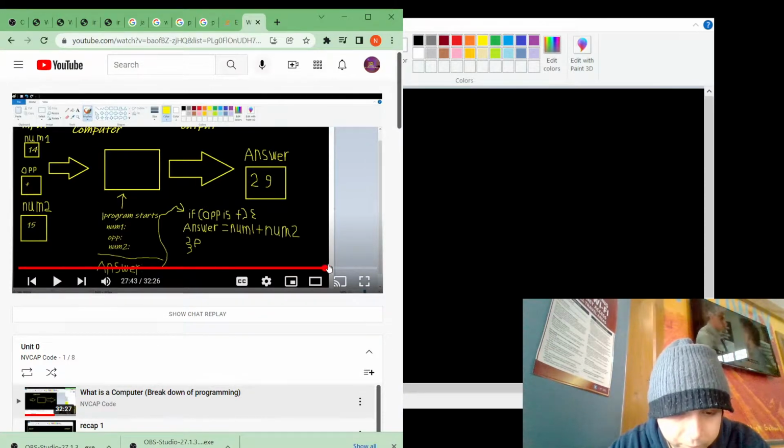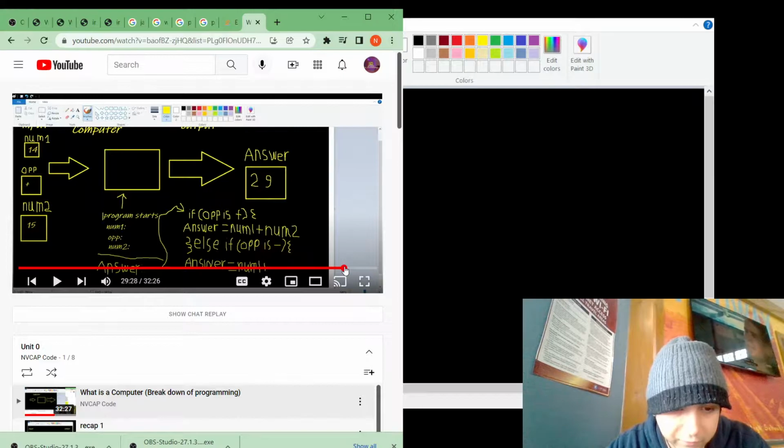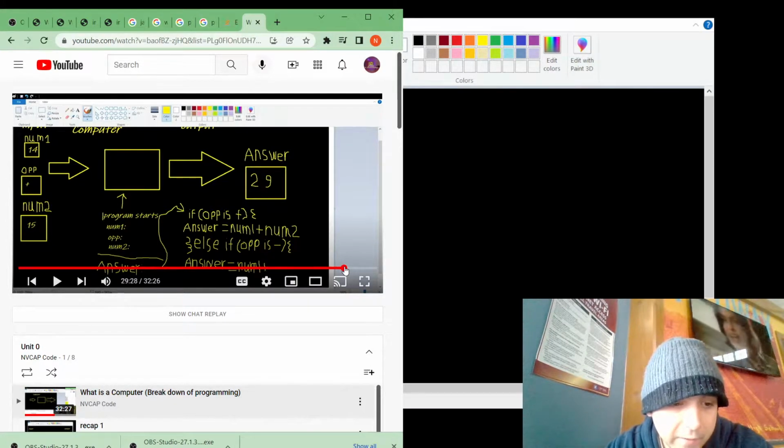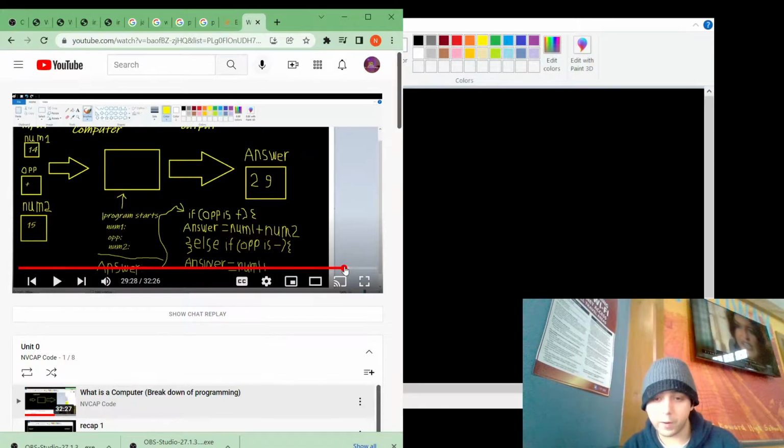It would initialize num1, op, and num2 as nothing, basically, set to 0 or something.